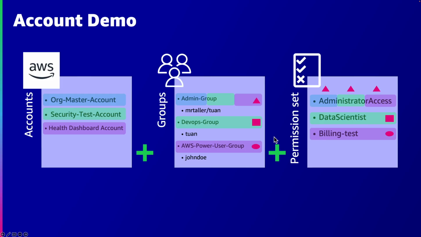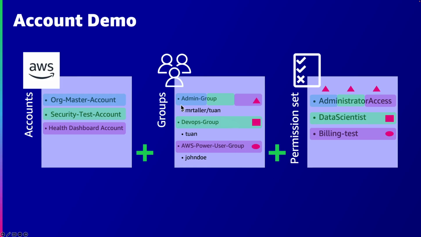I understand this could be a little bit complex at first glance, but if we look at it this way, the assignment basically defines what type of users and groups have access to which AWS accounts within your organizations, and with what type of permissions and levels. So hopefully that makes things easier to understand. Don't worry about that. Let's jump into the demo.